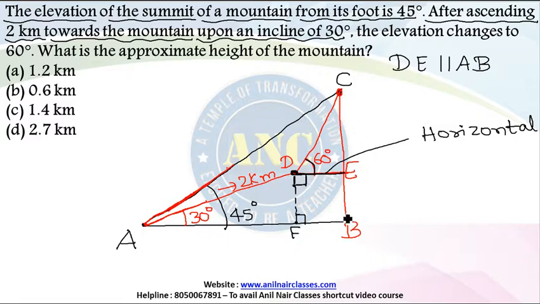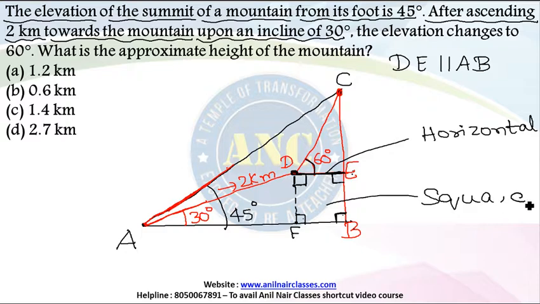This CB is a vertical line and this DE is the horizontal. This angle is also 90 degrees and B is anyway 90 degrees. That means, can I say that DEBF, or BEDF, is 90, 90, 90, 90 degrees, or in simple language, it is a square.